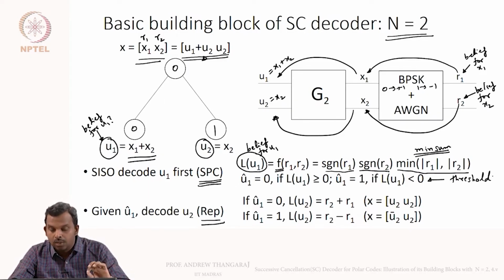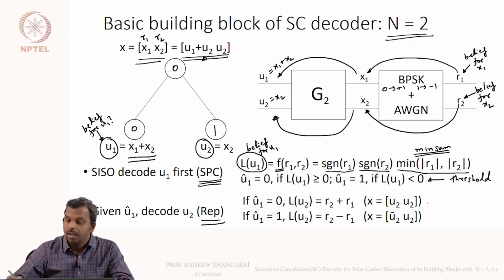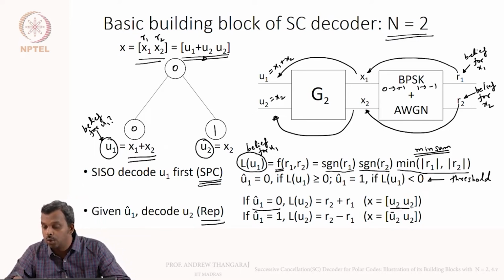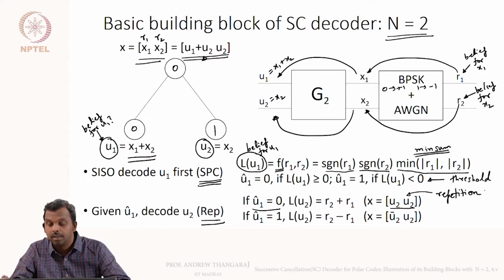Once you know u1 hat, notice what happens. If u1 hat is 0, your x is u2. This is actually repetition. Think about it. If u1 hat is 0, then x simply became repetition.